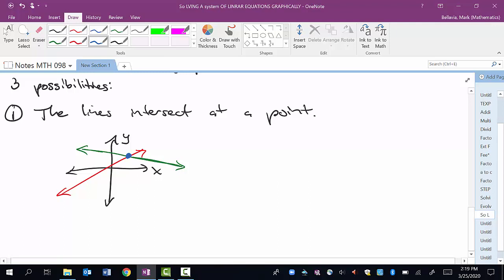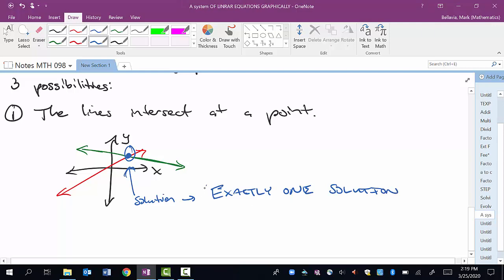So that point right there. So that's your solution. And in this case, if they intersect like that, there's exactly one solution. The lines are not going to intersect again.